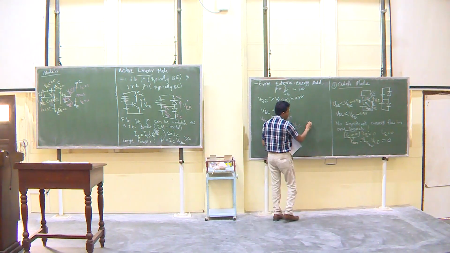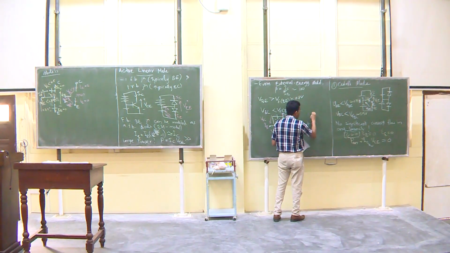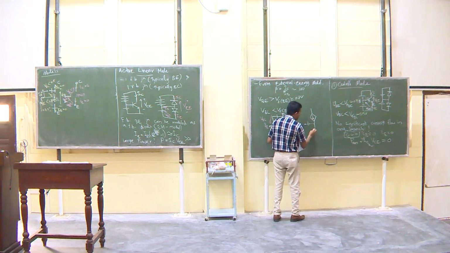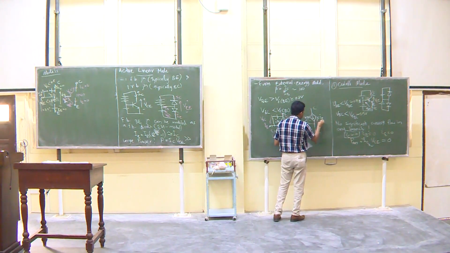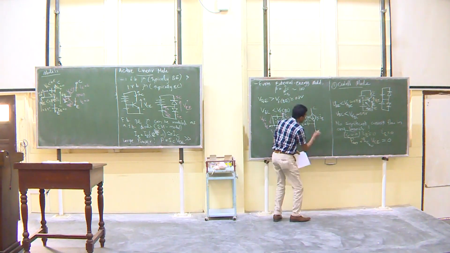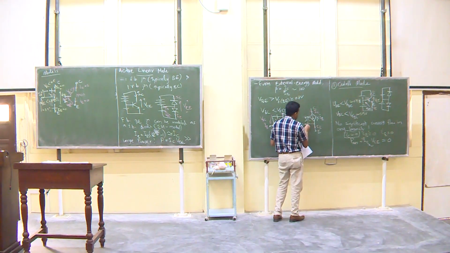So, we sometimes draw it like this, simply like this: base collector emitter, 0.7 volts, beta times IB, and IC, IE, IB.